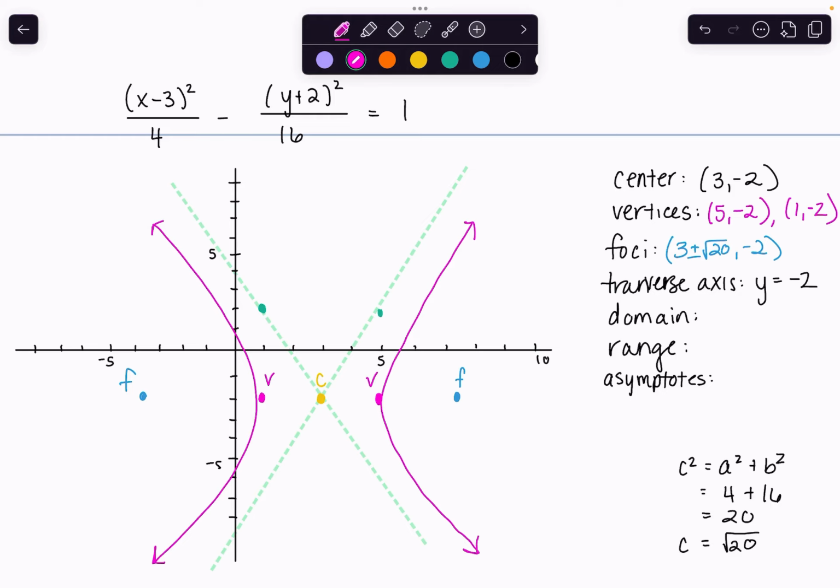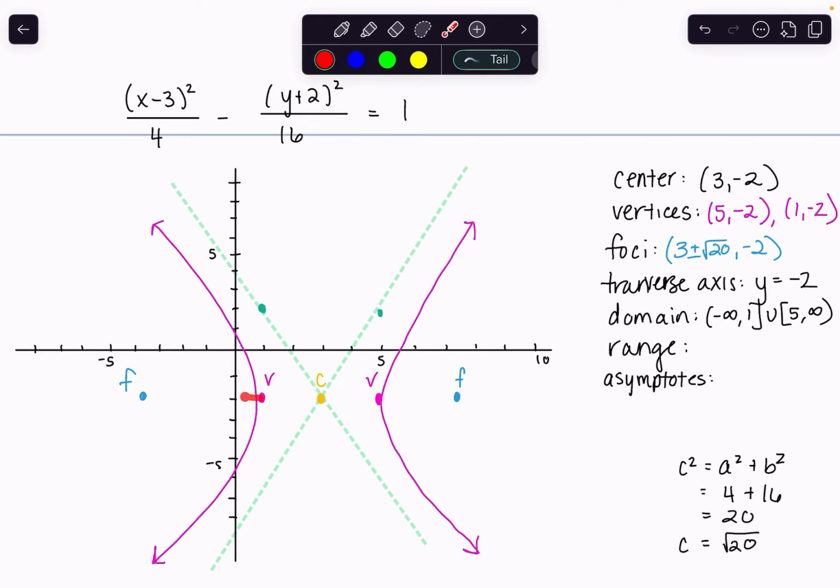Okay. We can also write our domain and range now. So our domain, we do not take the values in between those two vertices. So that would be between 1 and 5. So one interval will be from -infinity to 1, and then also from 5 to infinity.